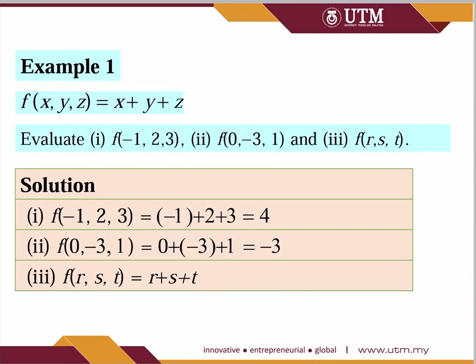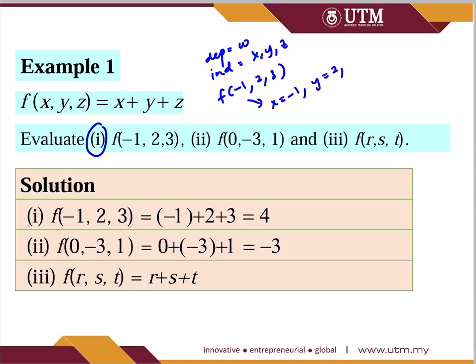Okay, so let's look at this example. We have our dependent variable as W, and our independent variables are X, Y, and Z here. For the first question, we want to evaluate F(-1, 2, 3). In this case, we have X equal to minus 1, Y equal to 2, and Z equal to 3.